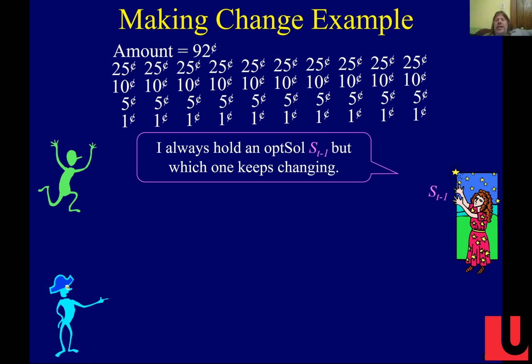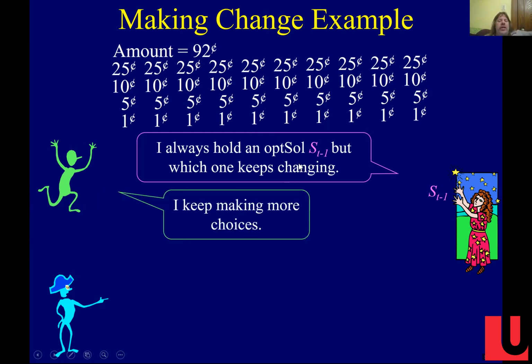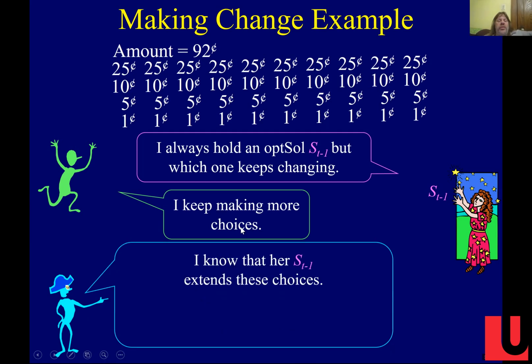All right. That's the focus when we're doing loop invariants: we just do these one step at a time. But let's think about the whole process of the algorithm, right? The fairy godmother is always holding some optimal solution that keeps changing. The reason it keeps changing is because the algorithm keeps making more choices, and the prover keeps changing what the fairy godmother has to be consistent with these new choices.